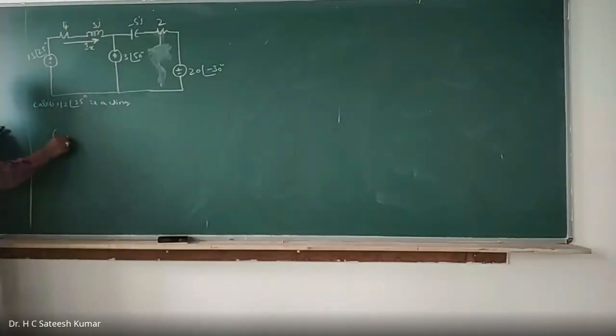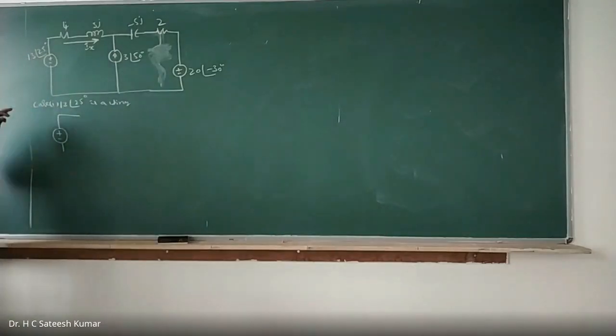So now I will write it. Convert this from polar into rectangular: 13 at an angle of 25 degrees.